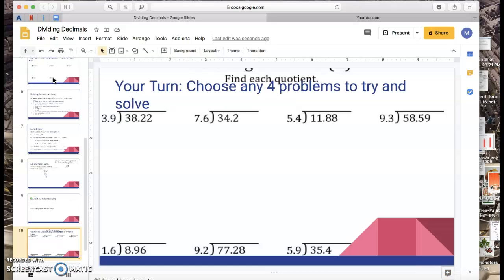And now I want you guys to try and solve these problems. So I have 7 problems up here, but I want you to only pick 4 of these problems to try and do and solve by yourself.